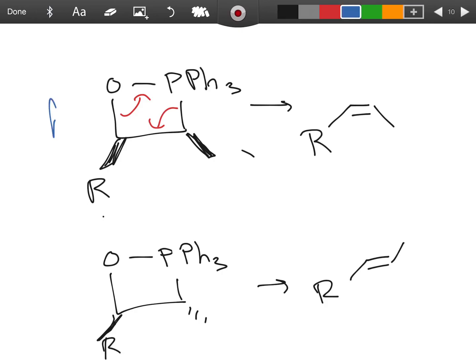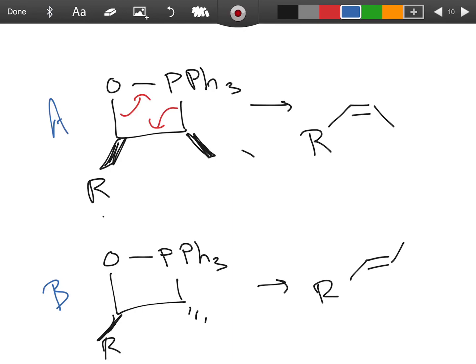A or B? Would you rather have two groups on the same side of the molecule that can bang into each other, or groups on opposite sides of the molecule that don't bang into each other? You'd rather have things on opposite sides, right?